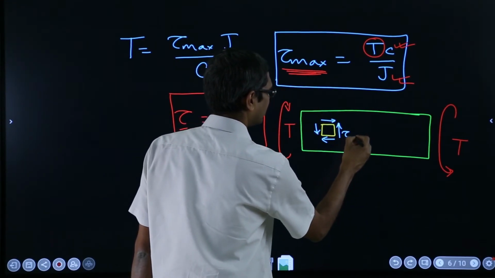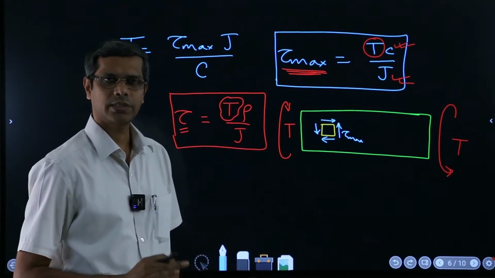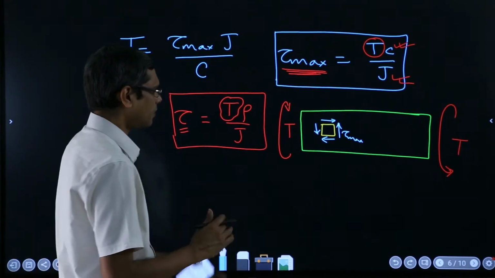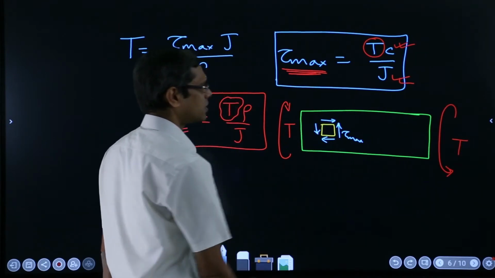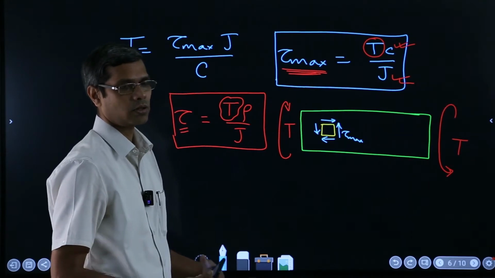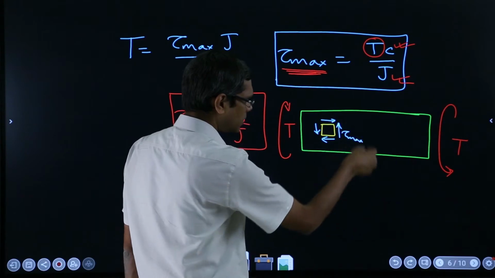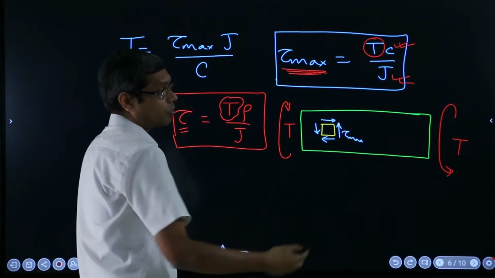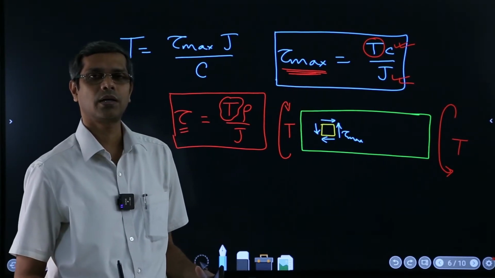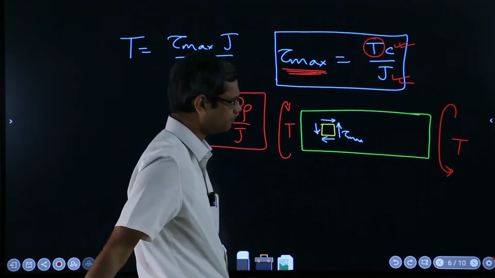The tau max basically, because on the surface the maximum value of the shear stress will be developed and they will look something like that, and then if we take an element of this orientation, obviously there will be no other stresses, like normal stresses will not be there, because we had discussed that on all the surfaces parallel or perpendicular to the axis, the only stresses which are there are the shear stresses, and even in the axial direction these stresses will be there.